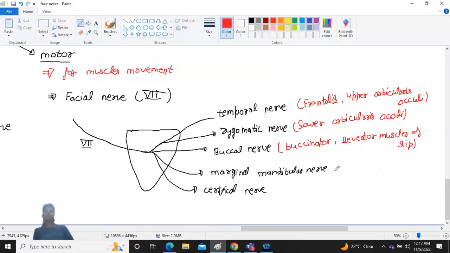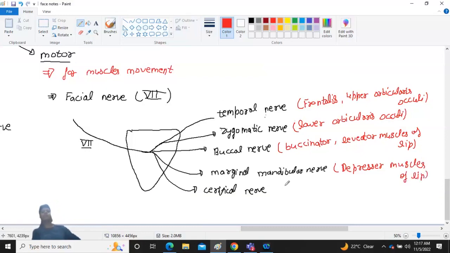Then the marginal mandibular is for the lower lip muscles, basically depressors: depressor anguli oris, depressor labii inferioris, all depressor muscles of the lip.